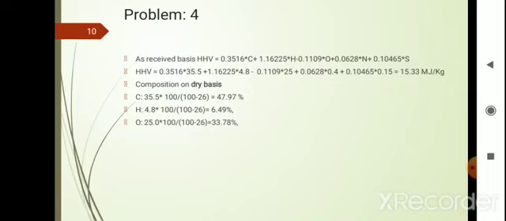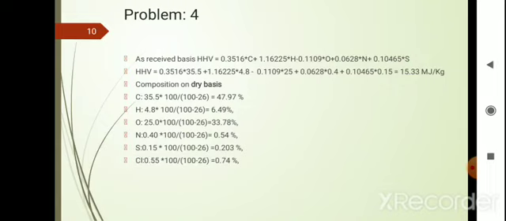So oxygen is increased from 25 percent to 33.78 percent on dry basis. Nitrogen 0.4 into 100 divided by 100 minus 26 is 0.54. Sulfur 0.15 into 100 divided by 100 minus 26 is equal to 0.203. Chlorine 0.55 into 100 divided by 100 minus 26 is 0.74.